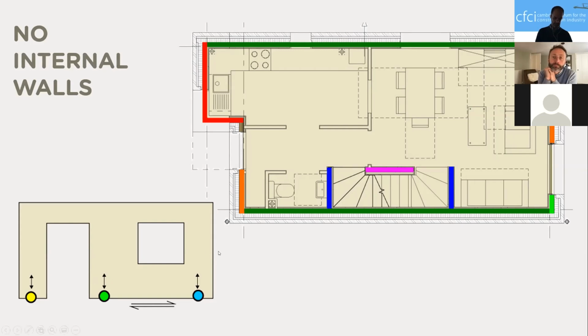So you're only ever accessing things from the outside. In the modular world, getting access to your connections is a big consideration.